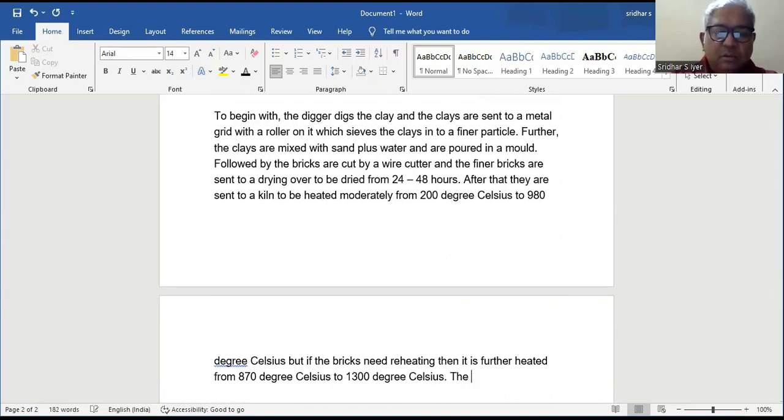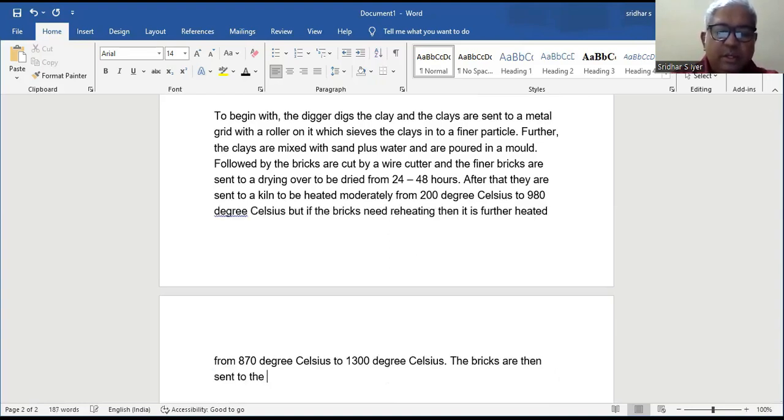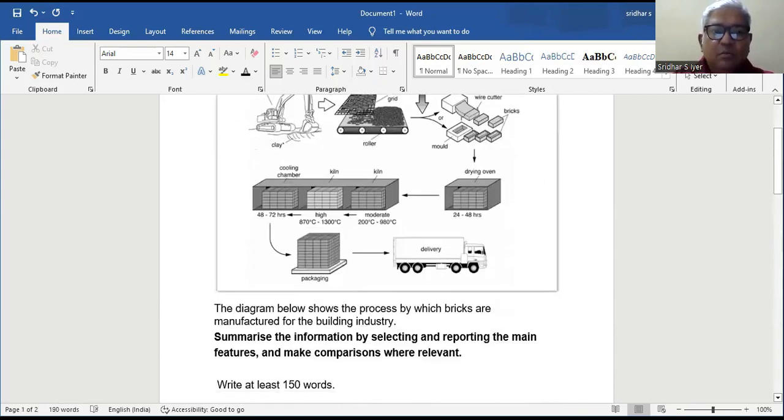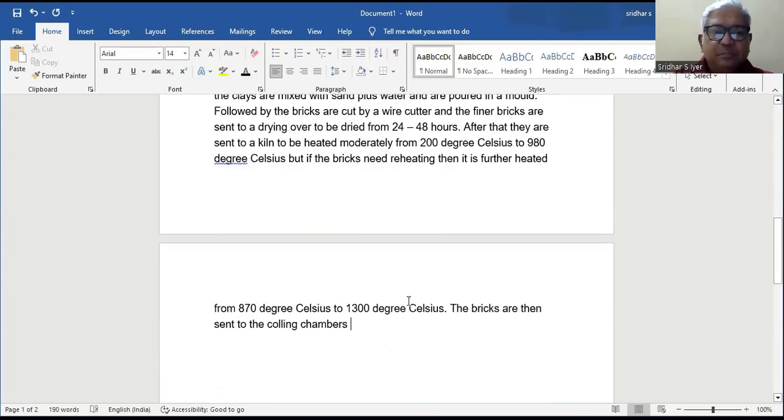The bricks are then sent to the cooling chambers, 48 to 72 hours.